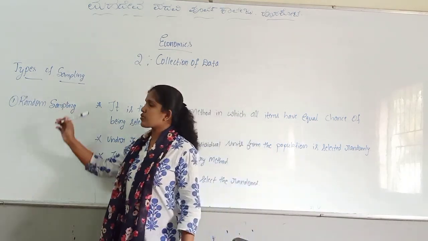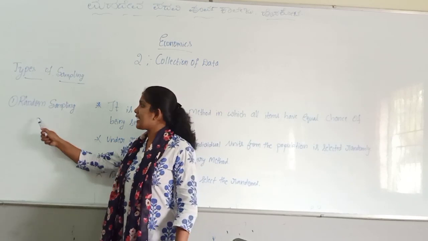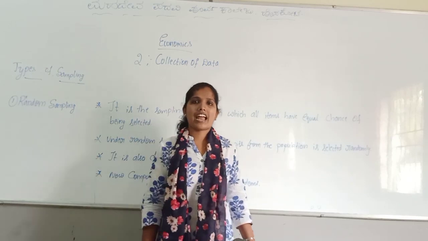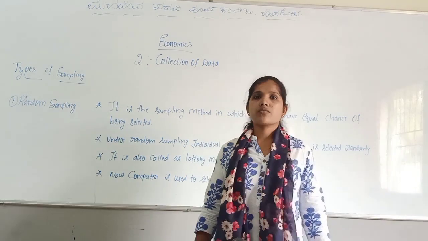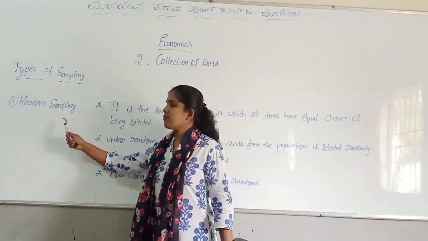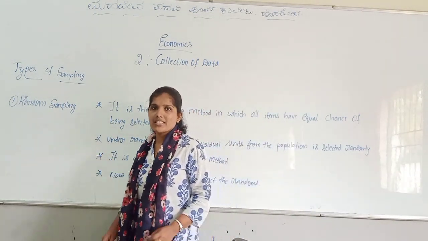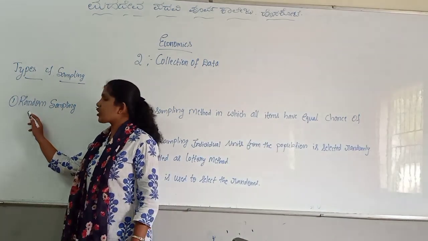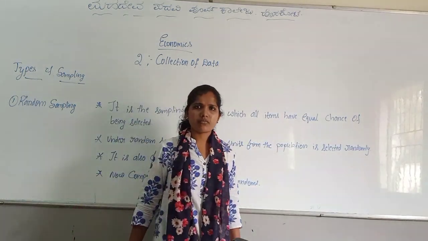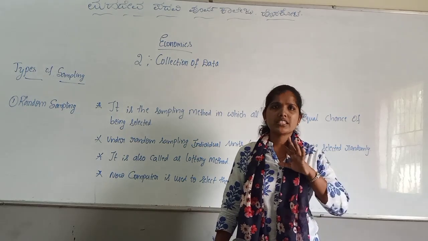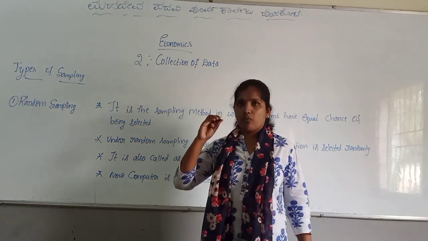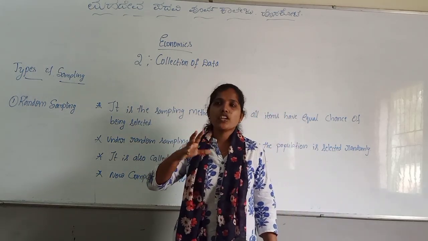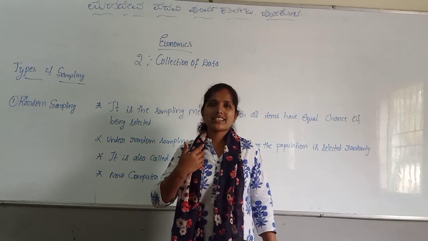Now, there are two types of sampling, that is random sampling and non-random sampling. First, we will study what is random sampling. You need to understand the meaning of the word random. When we say random, it is nothing but whenever we want to select any thing, we select it as it is.